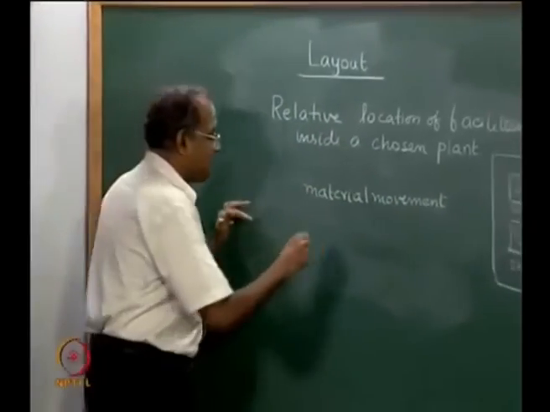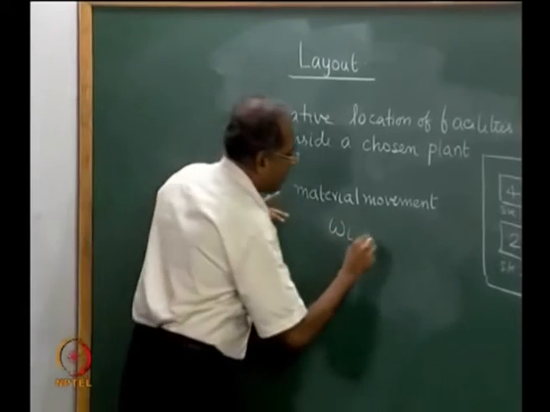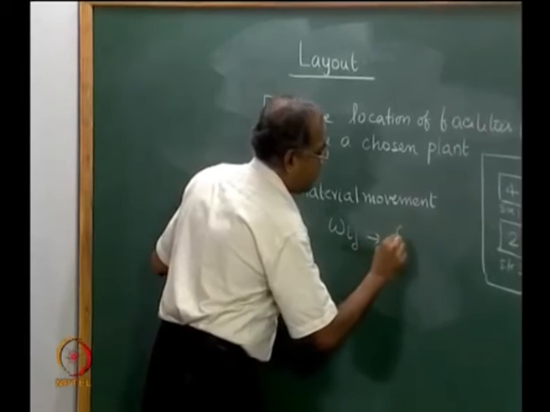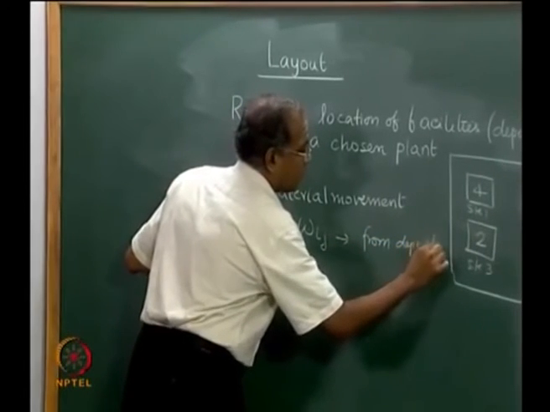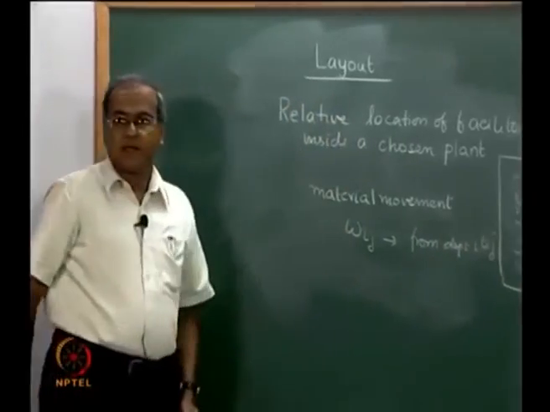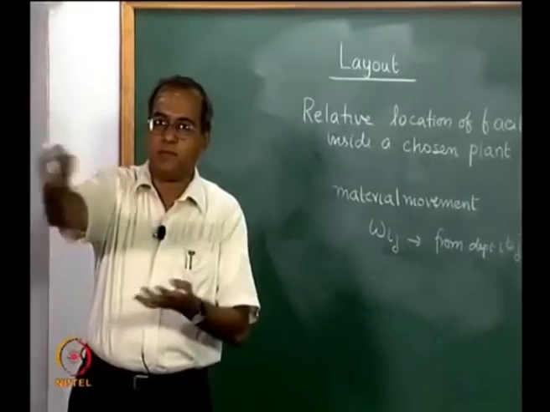So, let us call W_ij the amount of material movement from department i to j, and this material moves within various places.